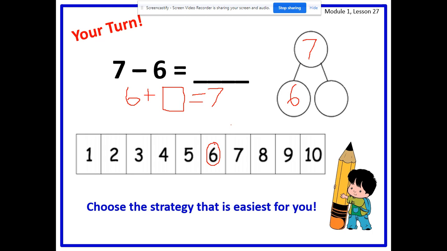Ready? And 1. Stop. Because we already got to 7. How many times did we hop? Get ready. Yes, 1. Go ahead and write plus 1 at the top because we only hopped 1 time. And so that means that our unknown part is, get ready, yes, 1.